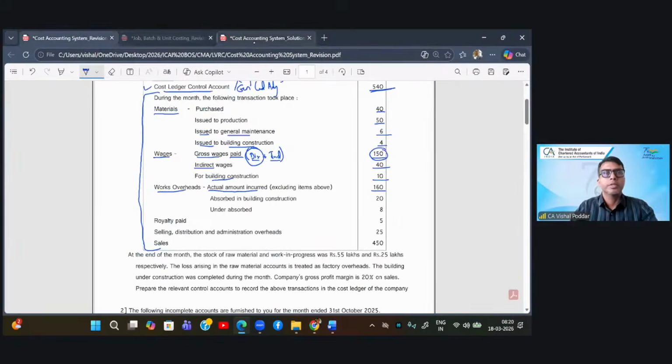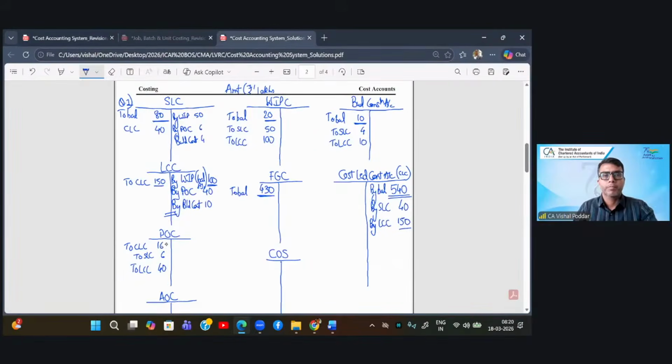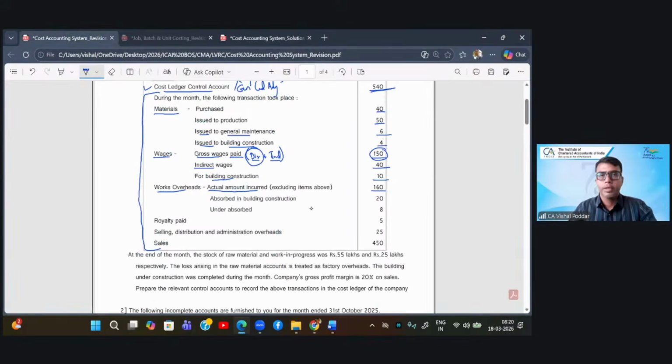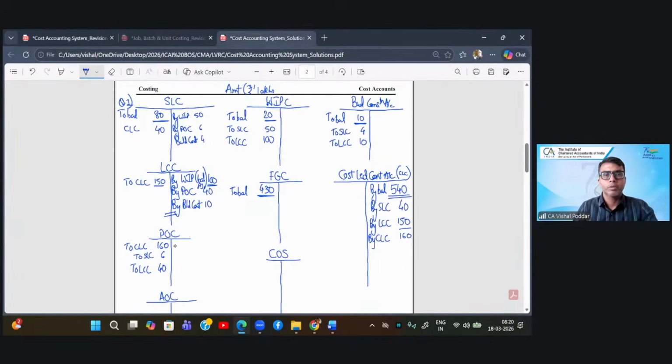It is 160. So CLC 160, right? Now, how much is charged to building construction? 20. So from here, you charge to building construction 20.